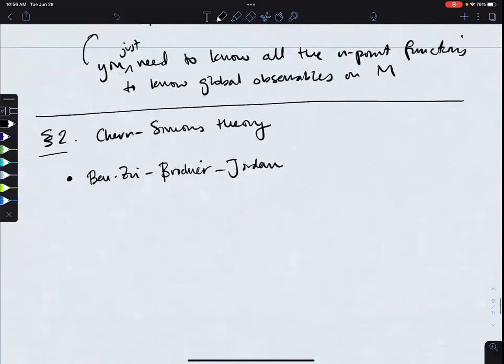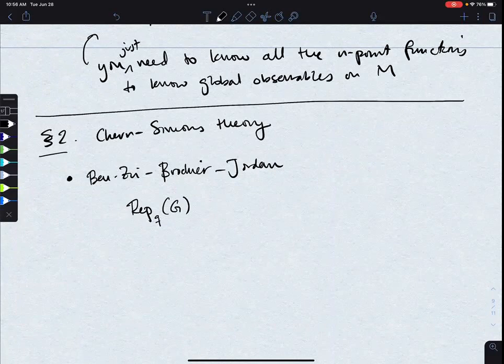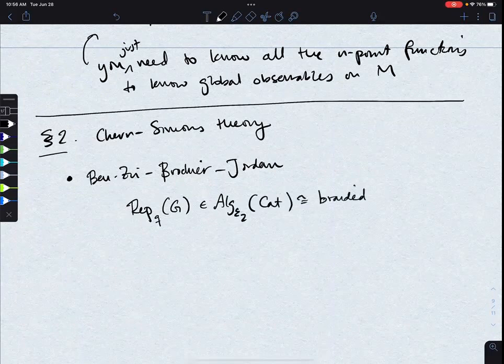I'm going to say something a little bit cryptic, I apologize. If you take the category of representations of a quantum group, which you could think about as some categorical version of an OPE algebra, this is actually an E2 algebra, but not in vector spaces, in the setting of categories: braided monoidal categories.